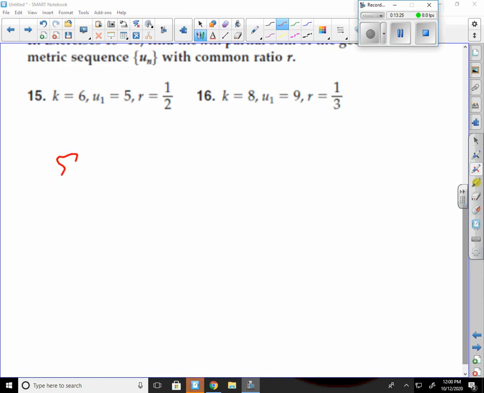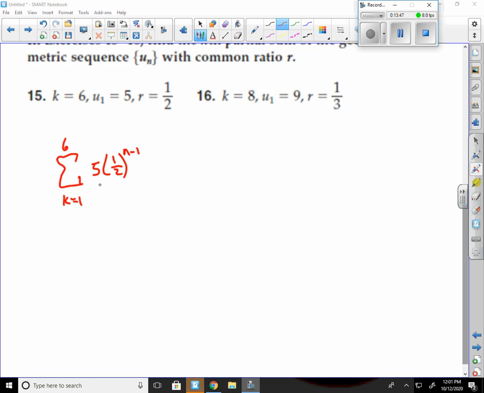Partial sum from k equals 1 to 6. Now I just do my explicit formula of 5 times 1/2 to the n minus 1. So that's how the partial sum would look.